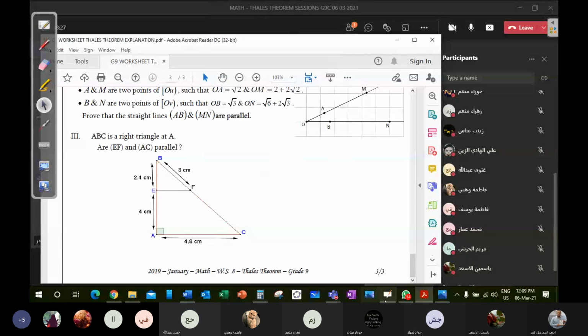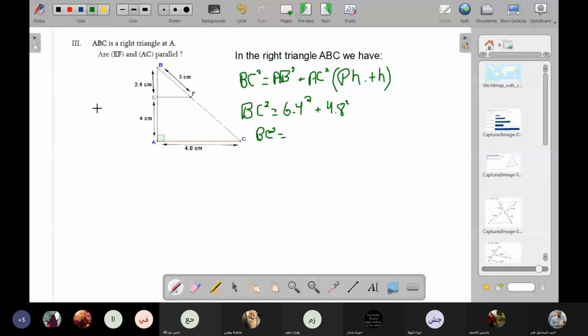Good. 40.96 plus 4.8 squared equal 23.04. Please, all of you check them. Yes, they are right.